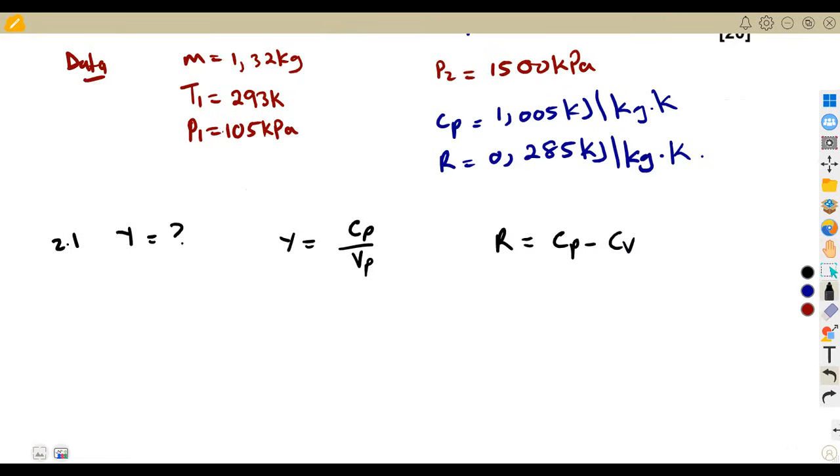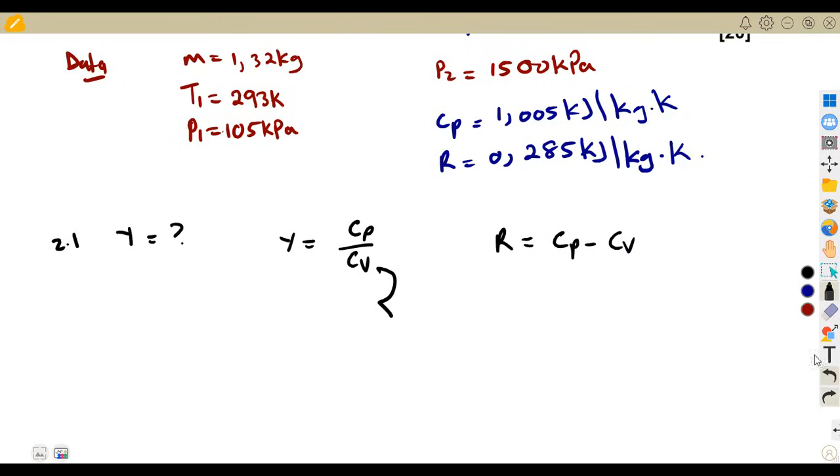This is Cv, not Cp. So if we can calculate the value of Cv, which is with respect to the volume, that means we can calculate the value of gamma. But what limits us is that we do not have the value of Cv.